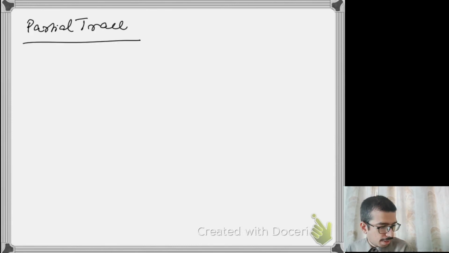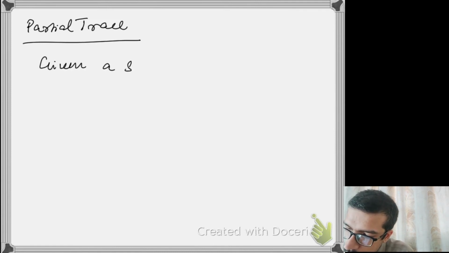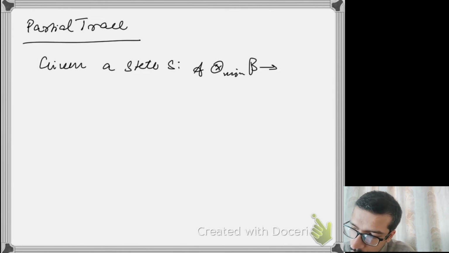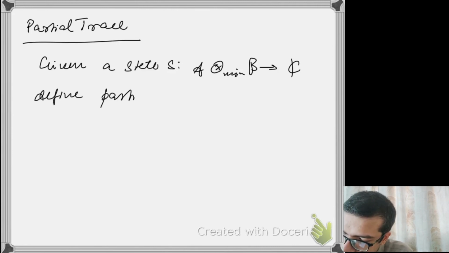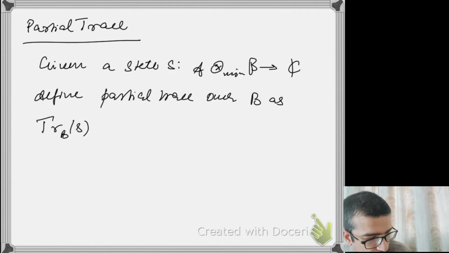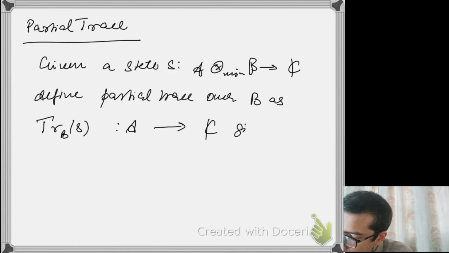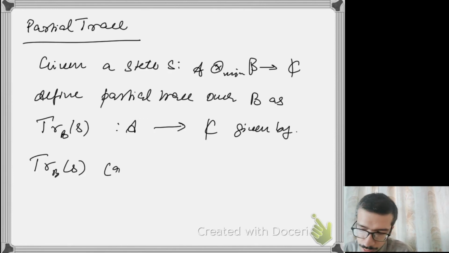So given a state S from A tensor min B to C, define the partial trace over B as trace B of S from A to C, given by trace B of S acting on A equals S of A tensor I.